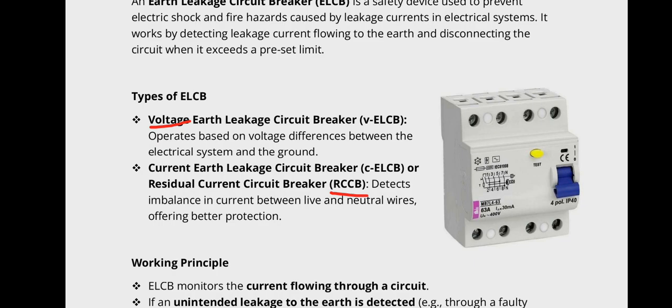Now suppose some fault arises in our equipment, that means a voltage drop arises. Before the fault our voltage is 230 volt, but after the fault it will reduce because some amount of current will flow into our grounding. So basically it will operate based on the difference in voltage.